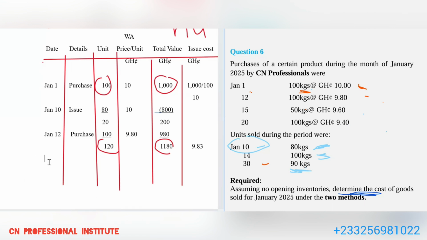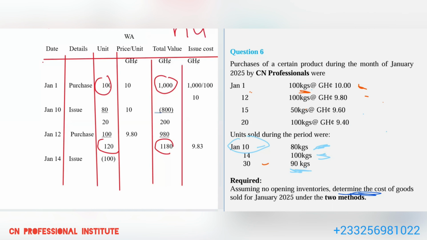Which is, what date is that? January 14. So January 14, we sold, was issue or sales. How many units did we sell, right? We sold 100 units. And then the price per unit.